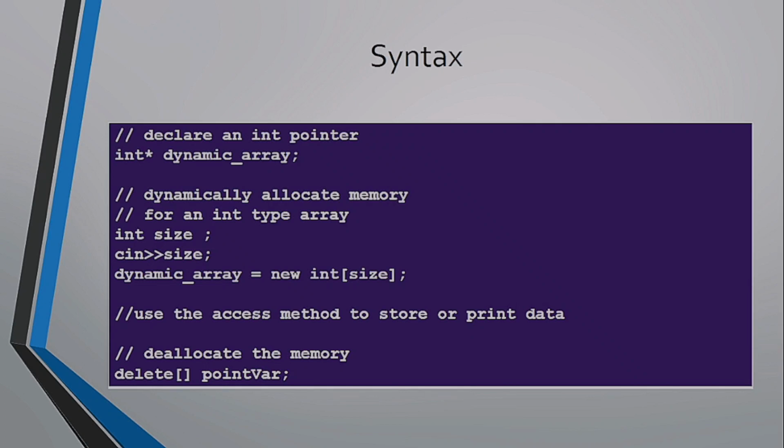So let's have a look at the generalized syntax for a dynamic array. As we have discussed, for dynamic integer or any dynamic data type, this is the same syntax. First of all, you want a pointer for it and you will use the keyword new. Let's demonstrate this example to check the syntax and working of dynamic arrays.